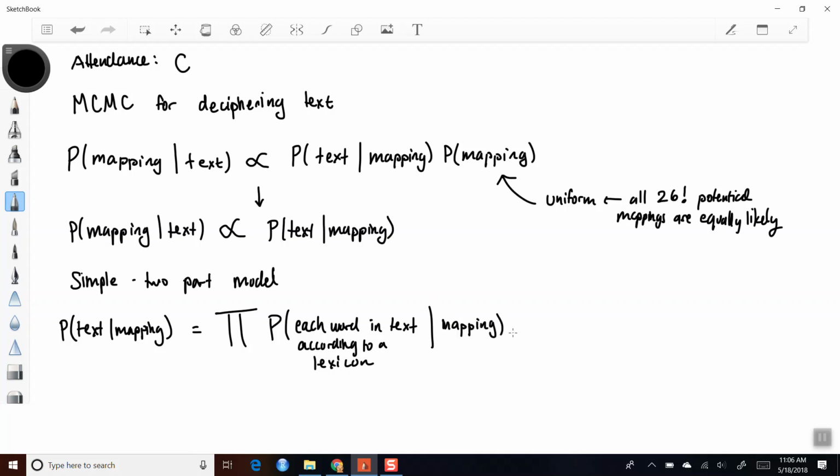That's one set, multiplied by the product of the probability of each two-letter combination that appears in the text.